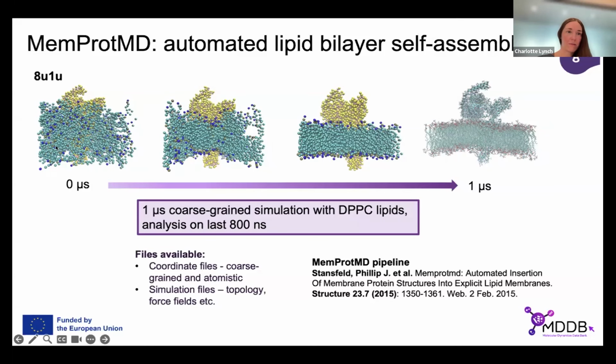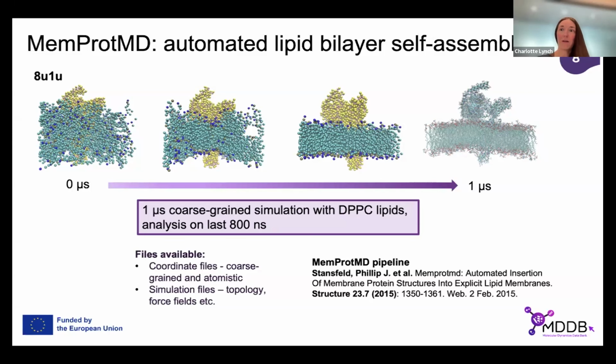The green and greeny-blue beads here represent parts of the lipids, and the yellow and the pink represent parts of the protein. The simulation starts off with a set of disordered lipids, so that's what we can see here. And then as the simulation runs, it very, very quickly assembles into a bilayer. And this full simulation then runs for 1 microsecond.